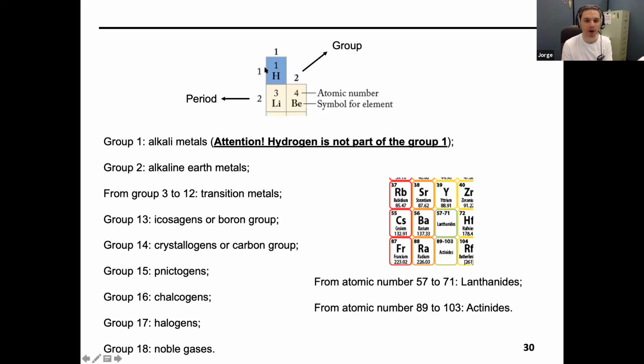And the number of the period corresponds to the number of electron shells. And that's the rationale behind the organization of the elements in the periodic table.